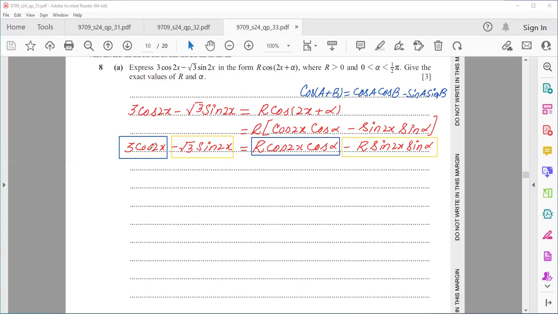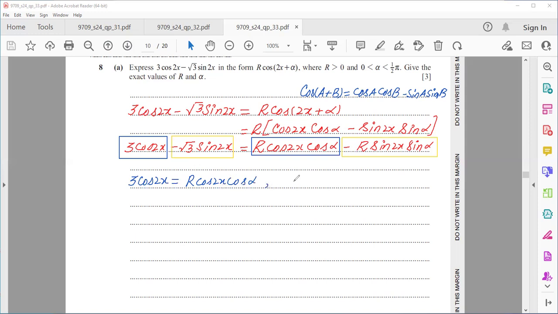So you have to equalize the coefficient of the term involving the cos on one side as well as on the other side. So I have to equalize blue color with the blue color. This means 3 times cos of 2x will be equal to r times cos of 2x into cos of alpha.